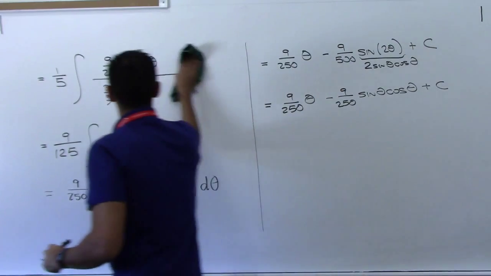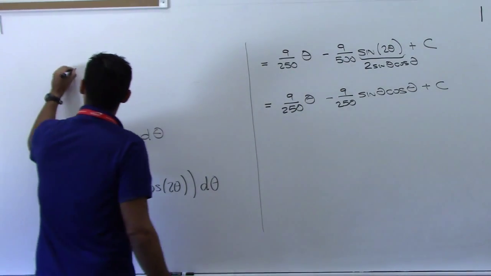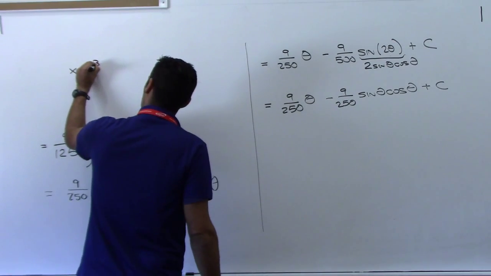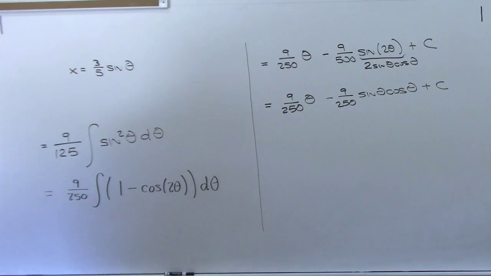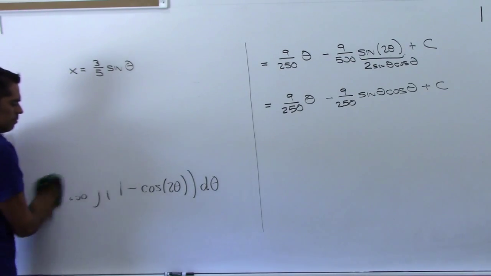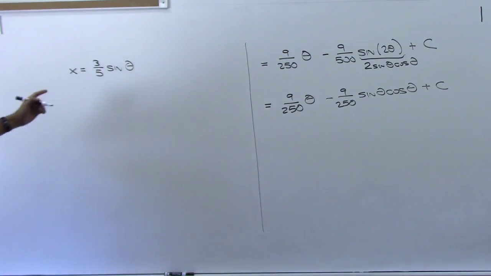And I'm going to need a reference triangle. My original substitution was x equal to 3/5 sine theta. Was that it? Yeah, 3/5 sine theta.